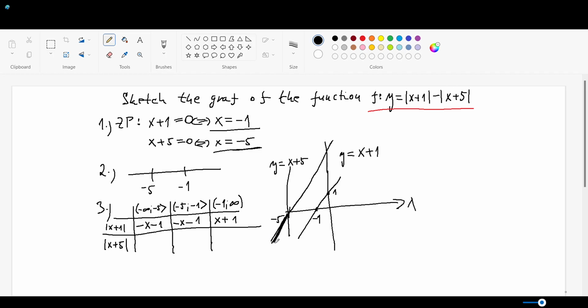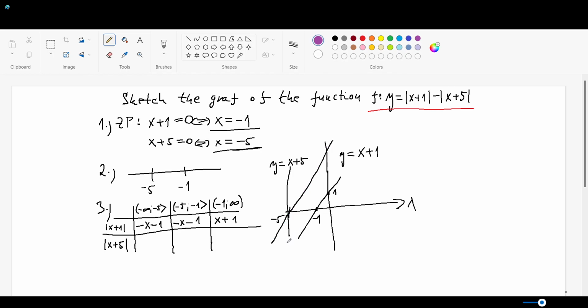This part of the graph is under the x-axis, and the rest of the graph, this part, is above the x-axis, which means these are positive numbers.